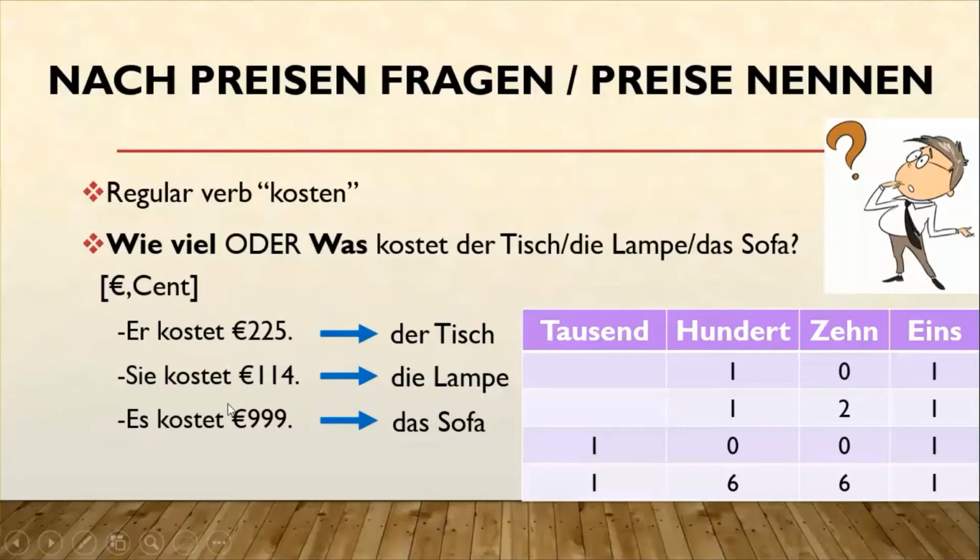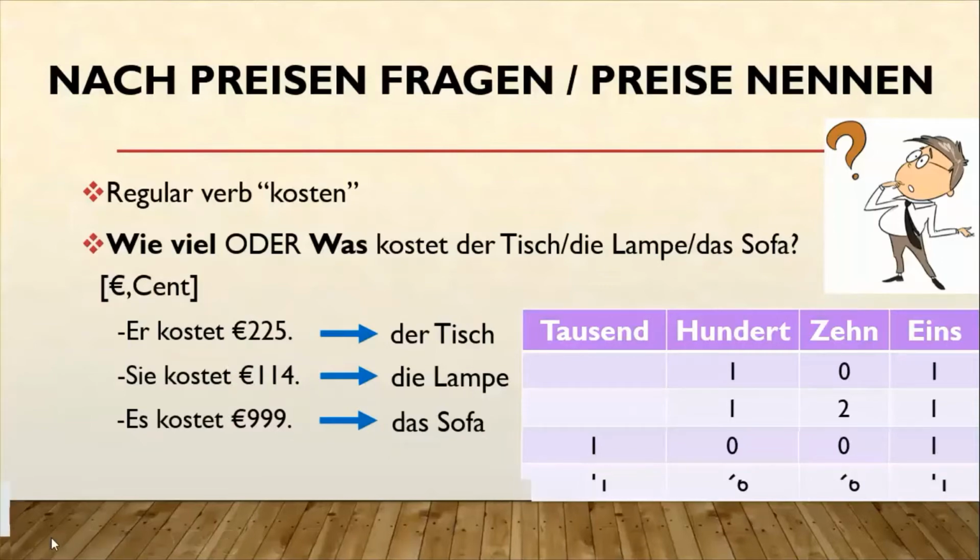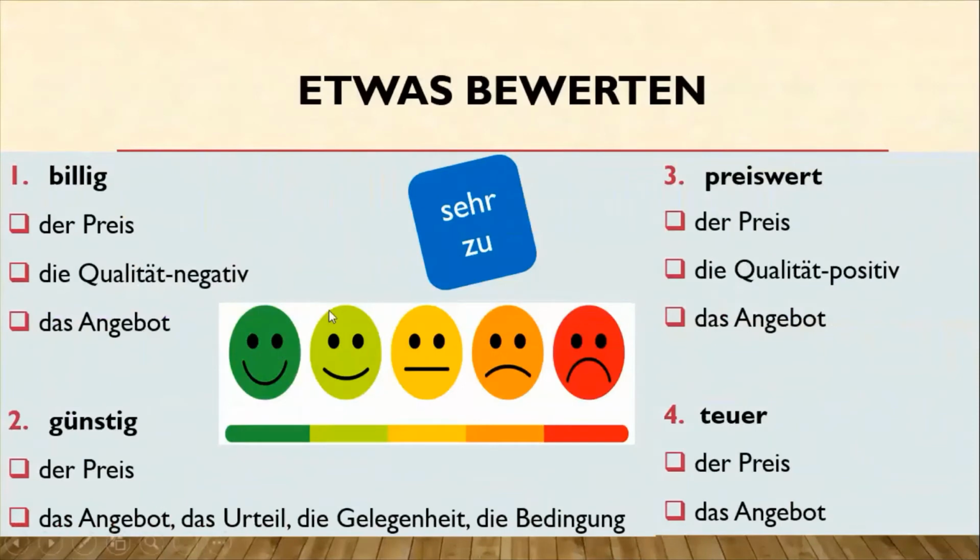So moving on. Now let's first see how we can value things in terms of price. Value something is etwas bewerten, where the verb value is bewerten and etwas refers to something.